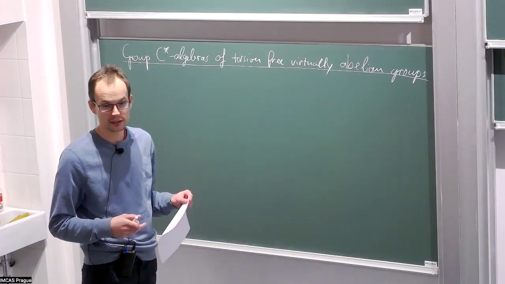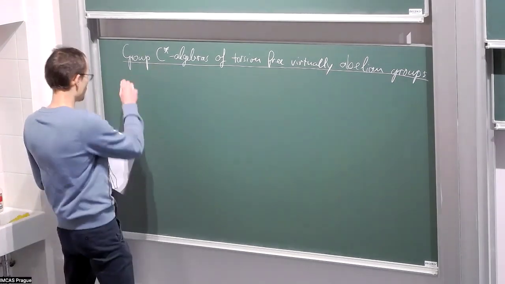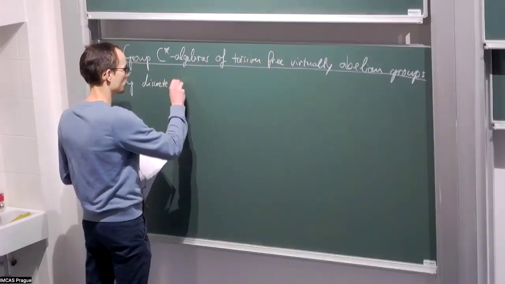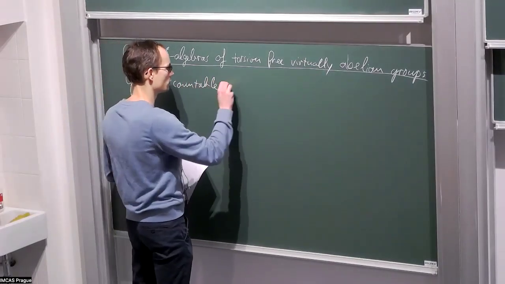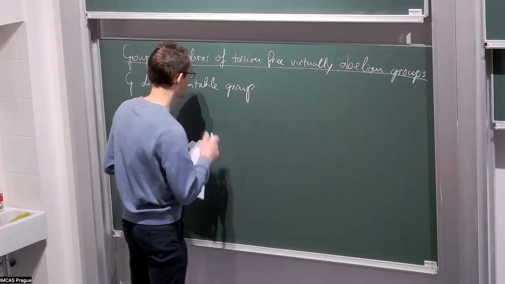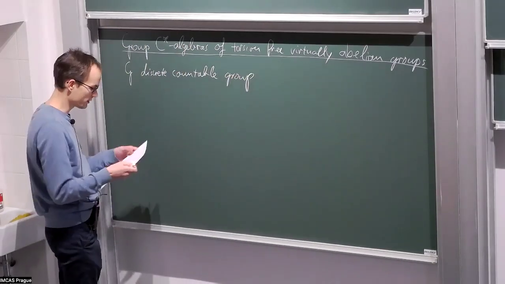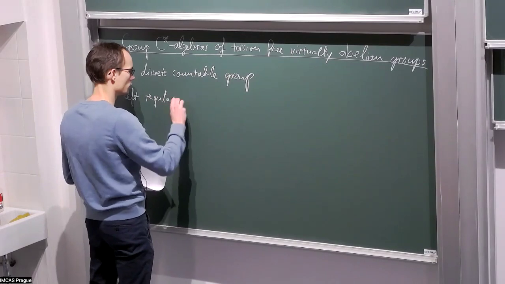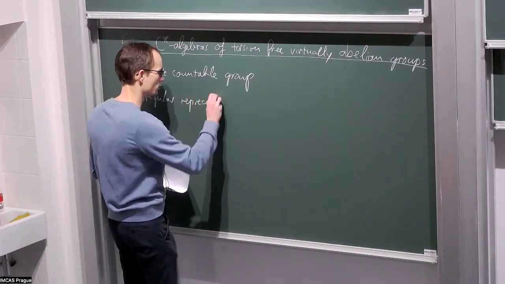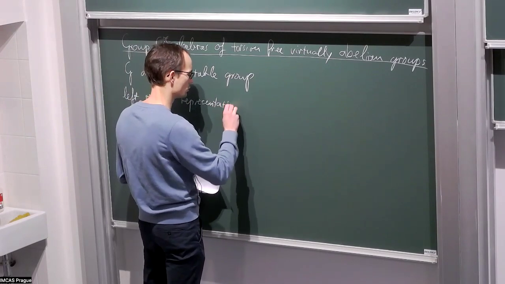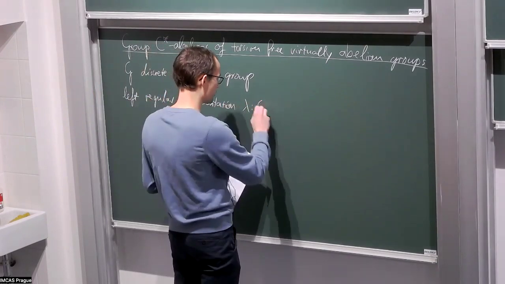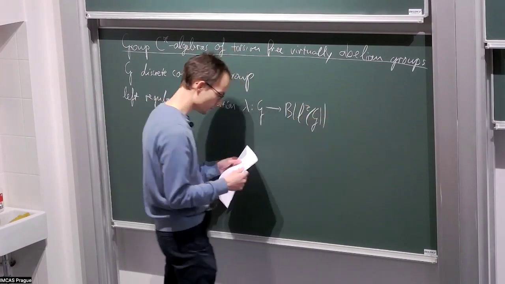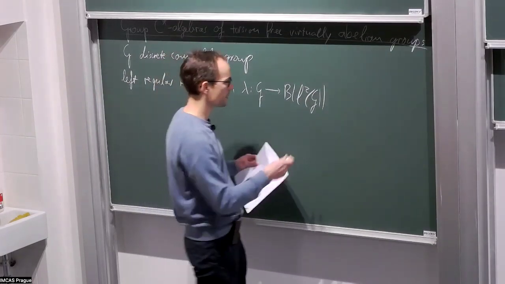Let me start by defining the object that I'll be talking about. Let G be a discrete countable group, throughout the talk, and consider the left regular representation lambda, which is a representation of G on L2 of G. And how does it operate?